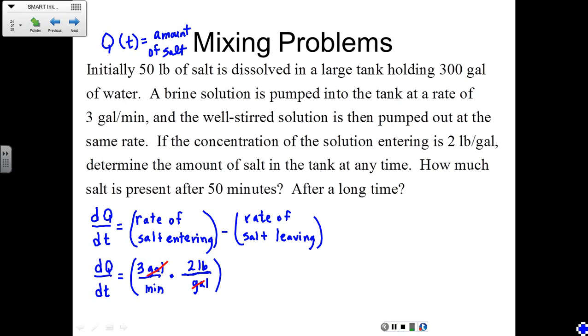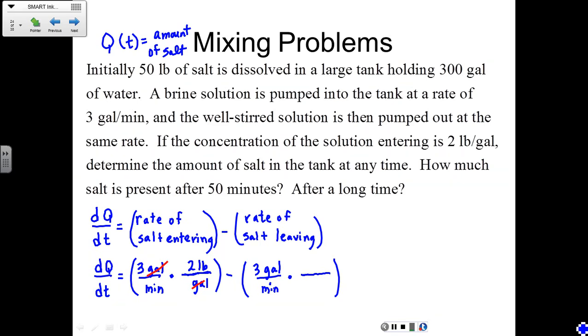Minus, it says that it is pumped out at the same rate. So the rate is 3 gallons per minute again. But the concentration is going to be different. Don't y'all agree? That was exactly how it was when it started, before any pumping started happening. 50 pounds of salt in there, 300 gallons of water in there, but that's before any pumping started taking place.